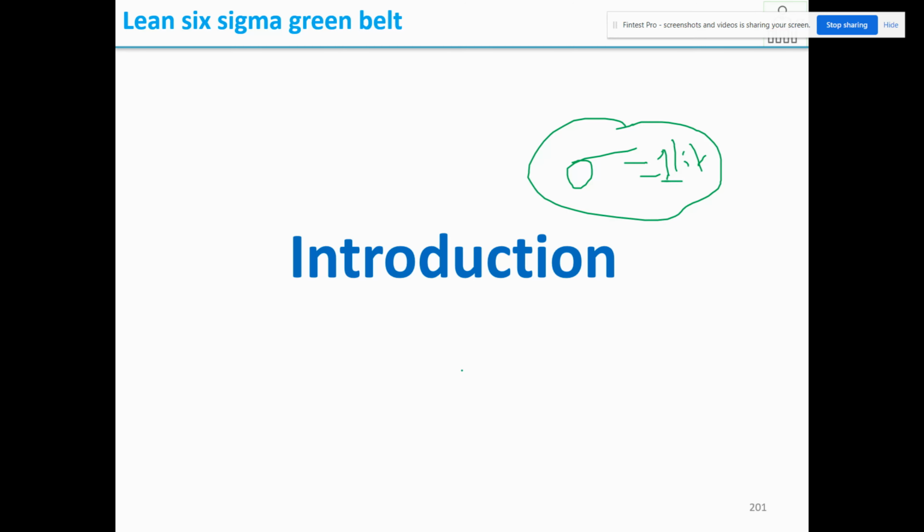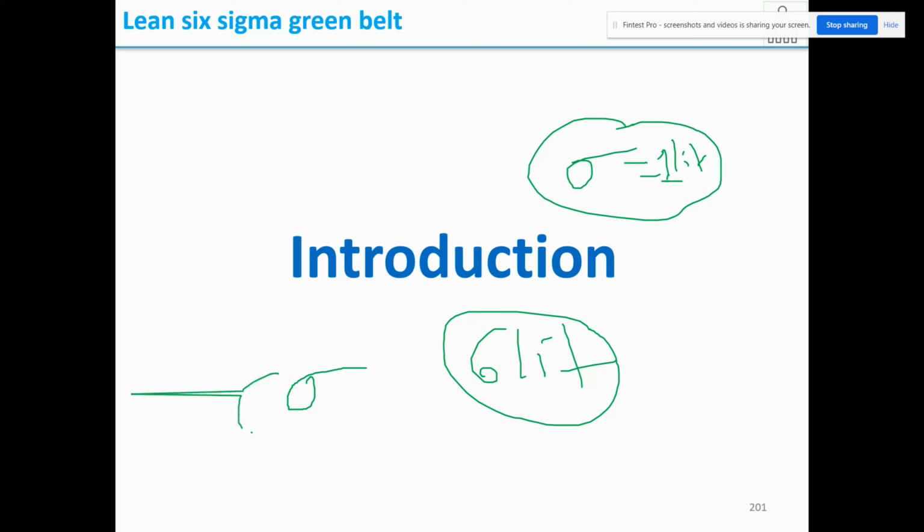In the production run, it will become 6 liter variation. That is what they're telling. That means your sample standard deviation will multiply with 6 times. You understood now? Your sample sigma will get multiplied 6 times. That means it will become 6 sigma variation in the production.